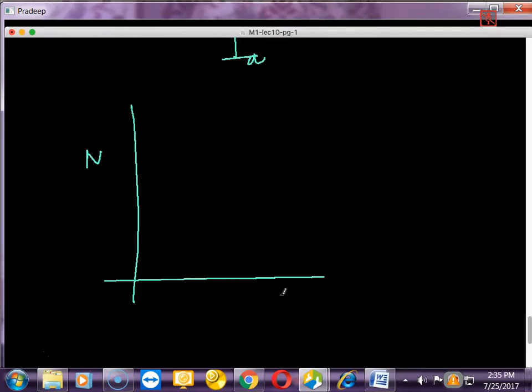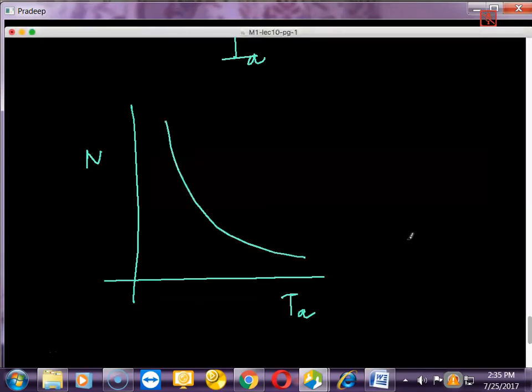On the x-axis we will have torque and on the y-axis we have the speed. For the series machine, this will again be something like this. It can generate very high torques at small speeds, but at very small torque, very high speeds are possible.